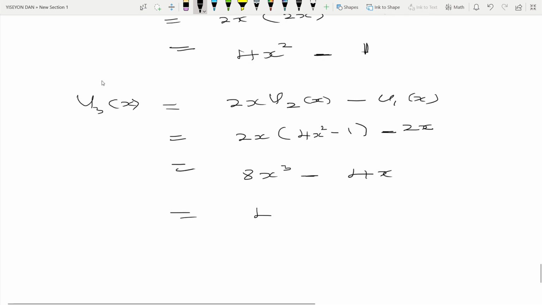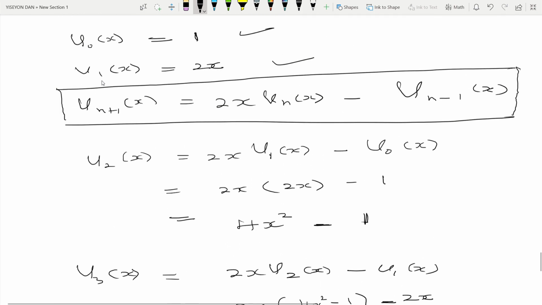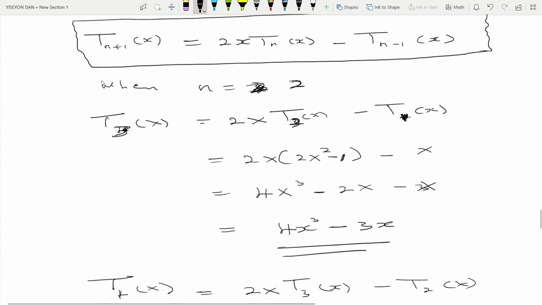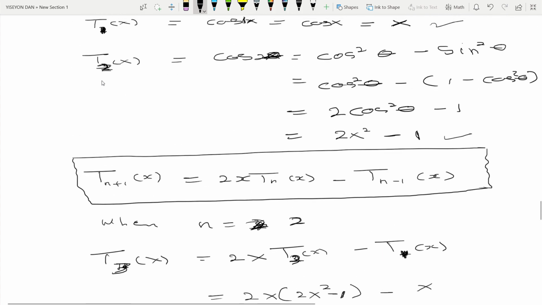If we factorize out 4x, we have 2x squared minus 1. Don't forget that 2x squared minus 1 is related to the first kind. You can see 2x squared minus 1, that's T2 of x.